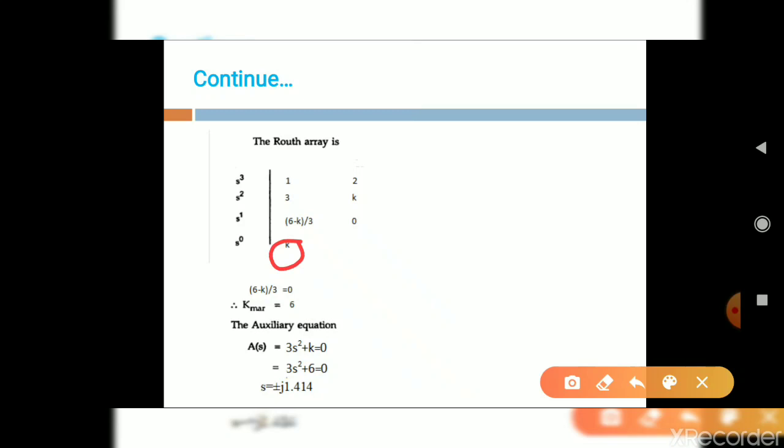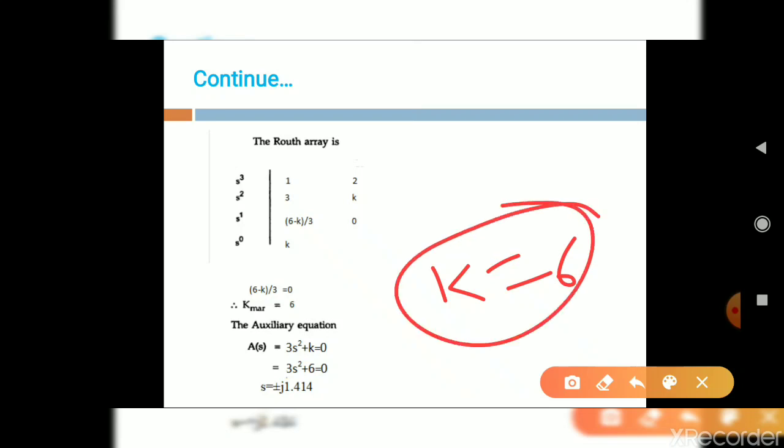Now if I want to find the value of k, I can compare this k equal to 0, and in the second case (6 minus k) divided by 3 can be compared to 0. Now I get the value of k as 6. After solving this, k is equal to 6, and this is the k marginal value, meaning I am putting k equal to 6 in the above equation.